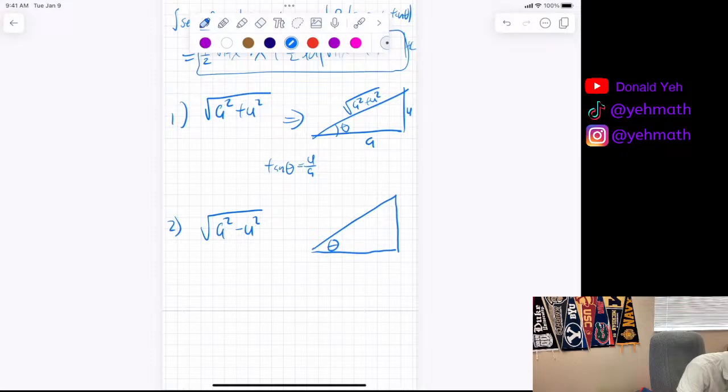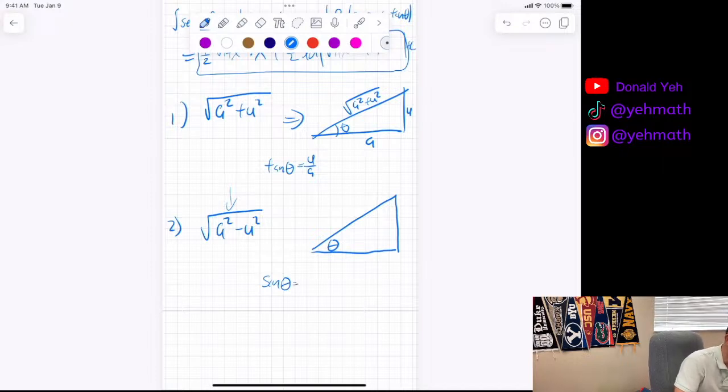If you don't remember how to figure it out, just remember the derivative of arc sine. What's the derivative of arc sine? It has 1 minus u squared, right? So this one is the same situation as that, so I will use sine of theta.